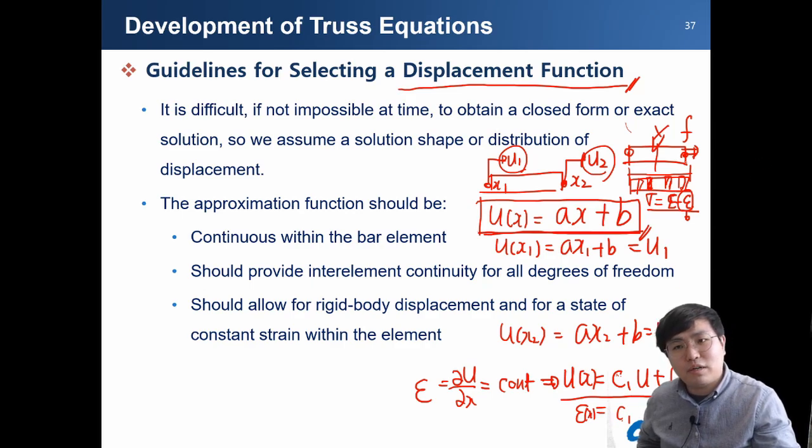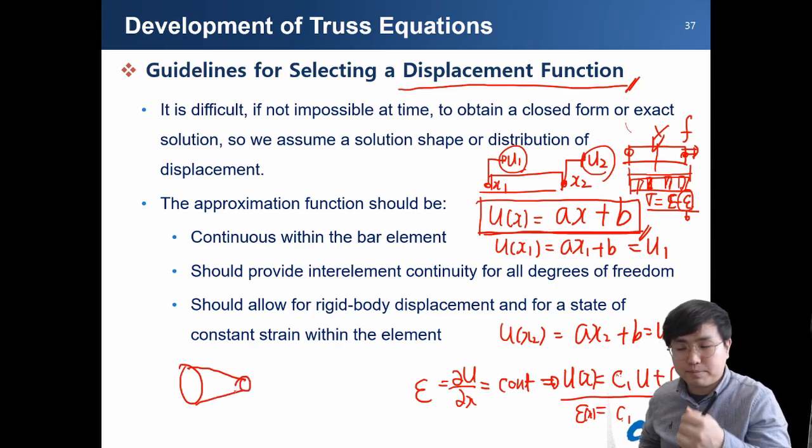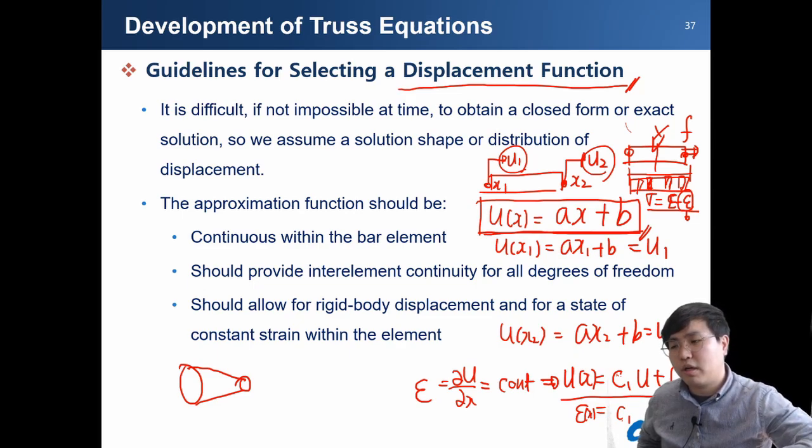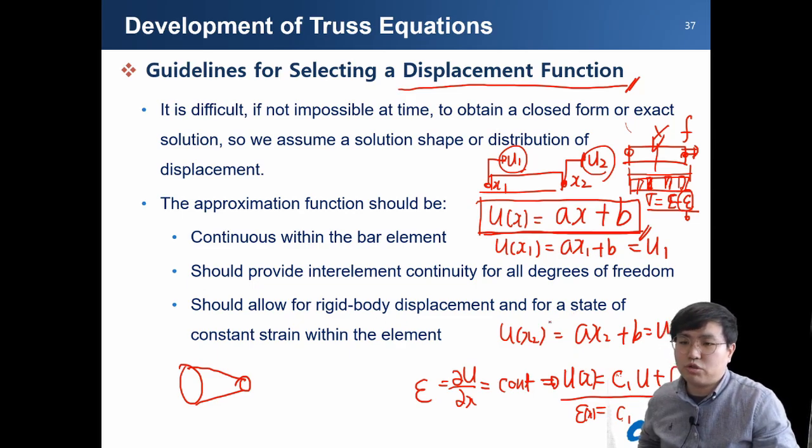However, in other cases, if we have a different cross-section area with respect to the coordinate, we cannot say that the strain is constant over the whole region.